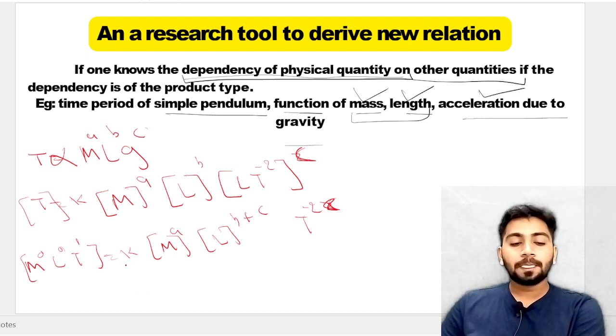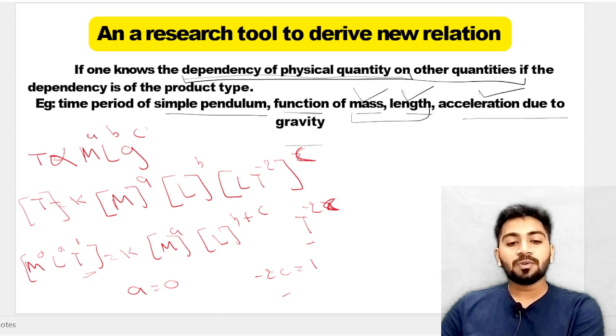Here M value: A is equal to 0. T value: 1 equals minus 2C, which means your C value becomes minus 1 by 2.